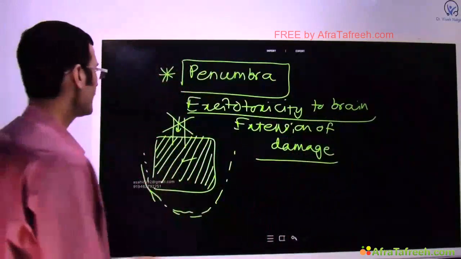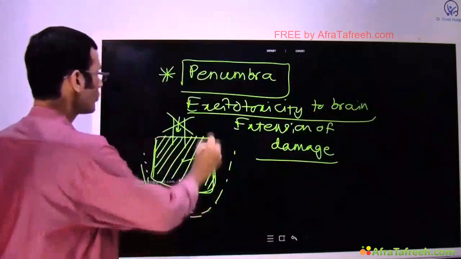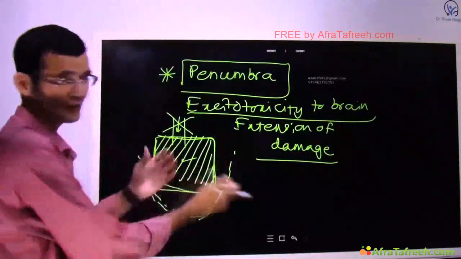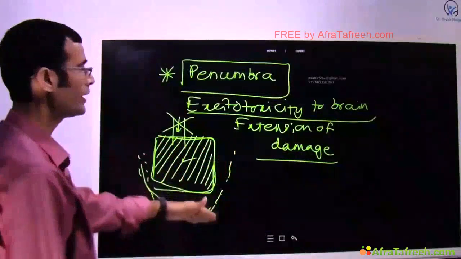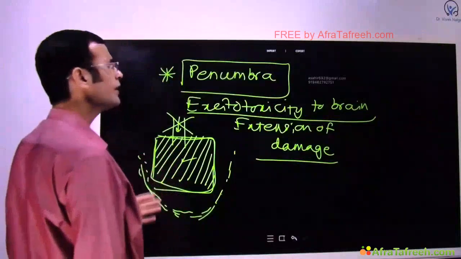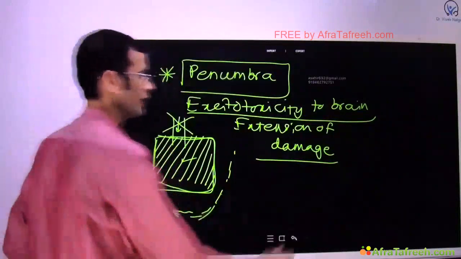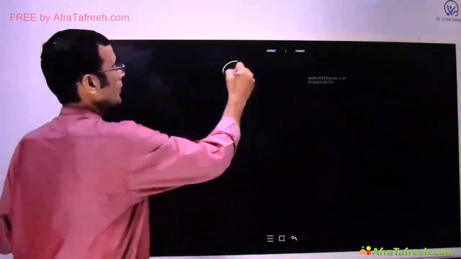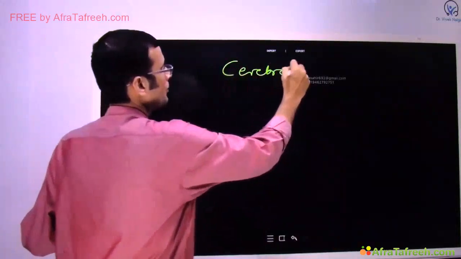So it is something like this. There is a dense core shadow at the center and then the lighter shadow, that extended damage in the neighboring regions. That's the penumbra. The point is why this damage got extended. It's something like this. Cerebral ischemia.